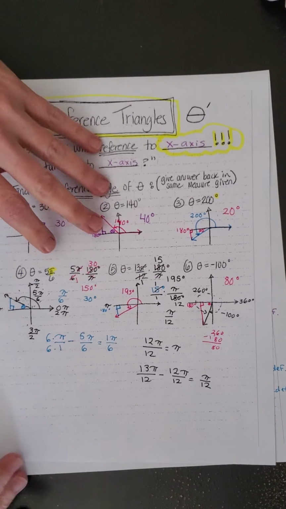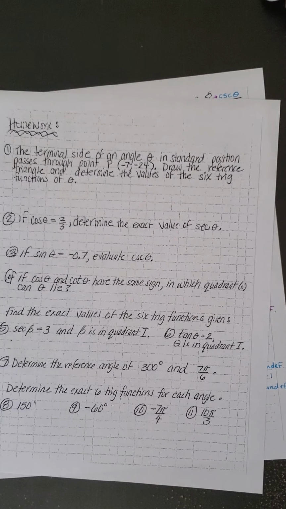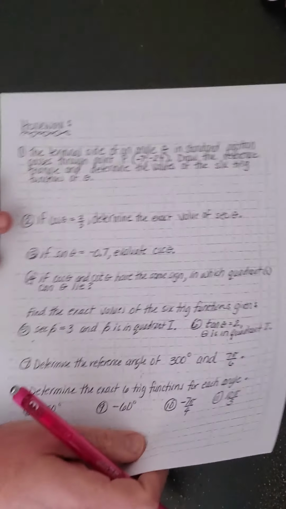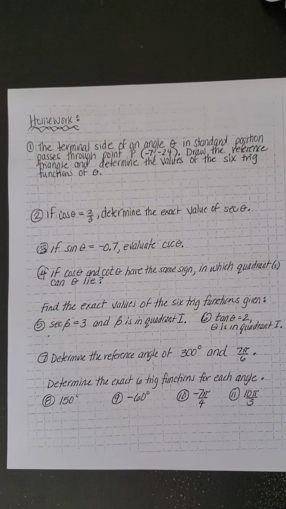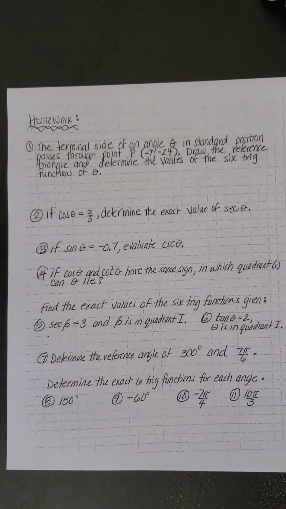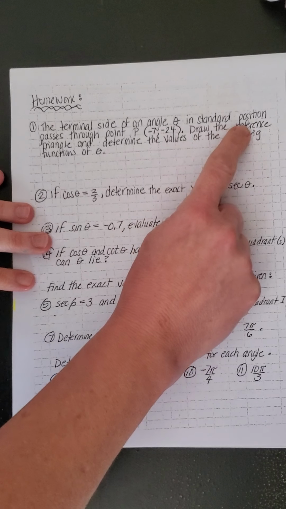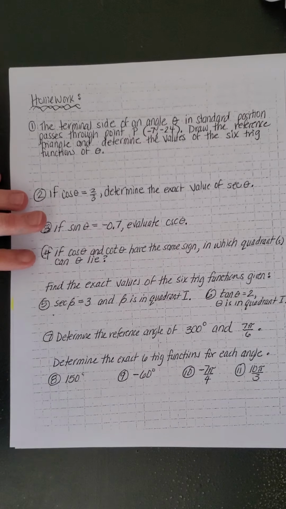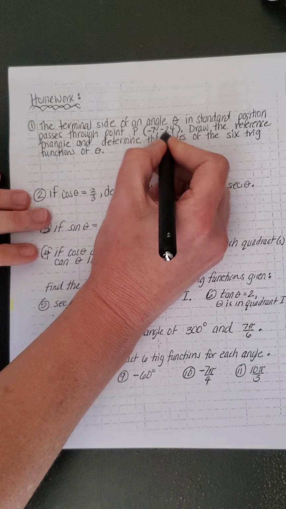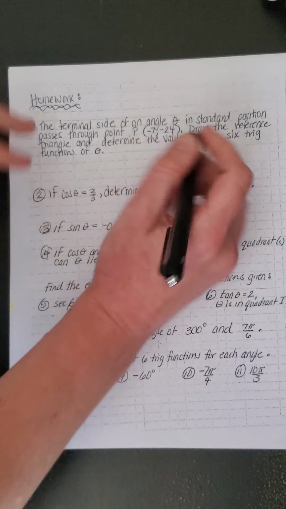All right, let's see, last page I believe is homework, so let's take a look at that. The first one says the terminal side of an angle in standard position. So to me, they give me the 2 points. This is like example 1.